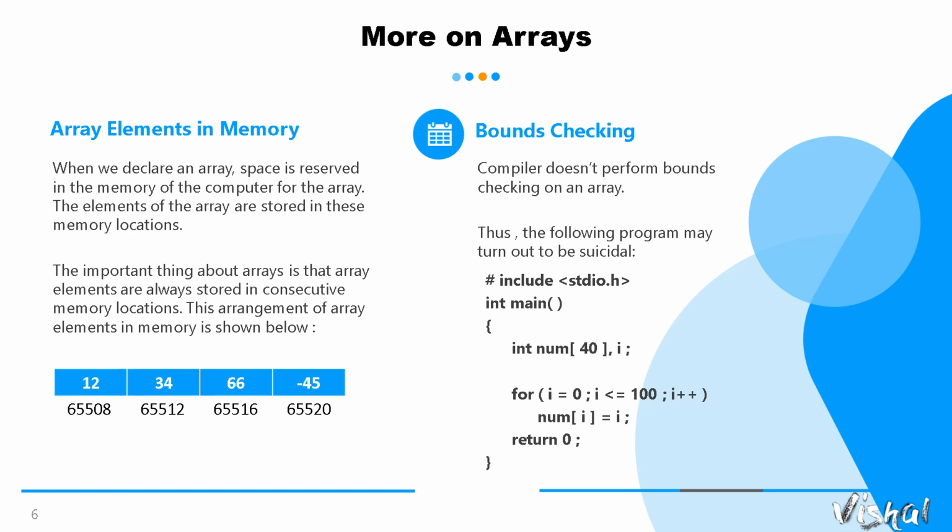And on the right side, bound checking. So what is it? The compiler doesn't perform bound checking on the array. Bound checking generally means boundary checking, which means if we try to fit more data into a smaller array, it will not work.